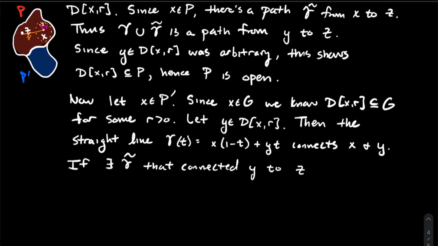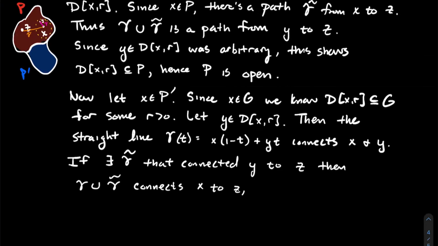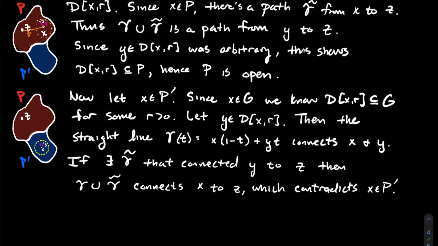Now, if there existed a gamma tilde that connected y to z, then the union of gamma with gamma tilde would connect x to z. But x lives in P prime, and there is no path that connects x to z. Right? That's the criteria. That's how we defined P prime. So that tells me that there cannot be a way to get from y to z. And so in my picture there, again, I do not have a way to get from y to z, because if I did, then I'd have a way to get from x to z, but that contradicts that x is in P prime.